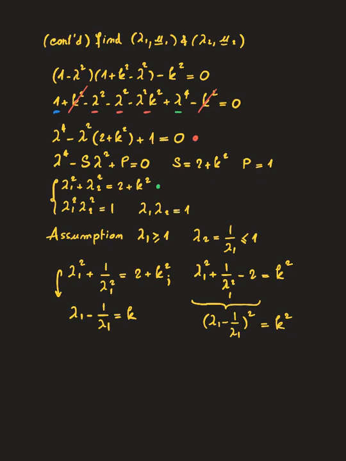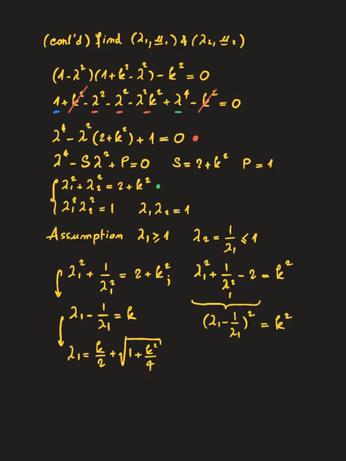And when you solve this equation, you get that lambda 1 is equal to k divided by 2 plus the square root of 1 plus k squared divided by 4.